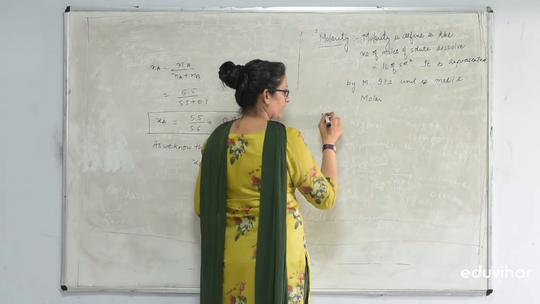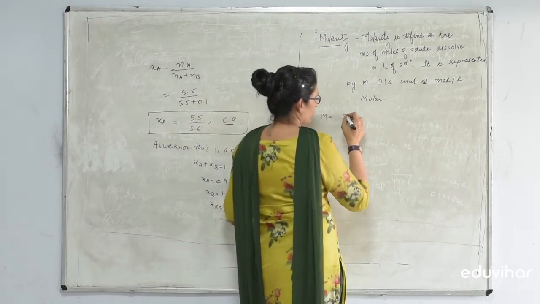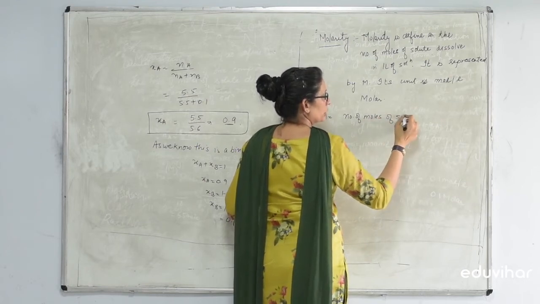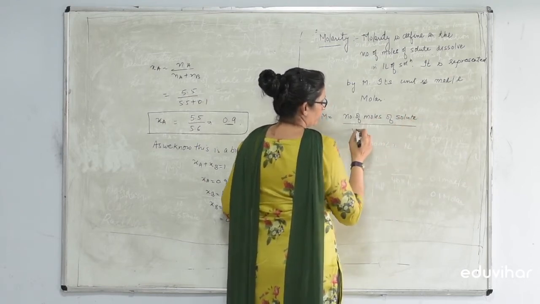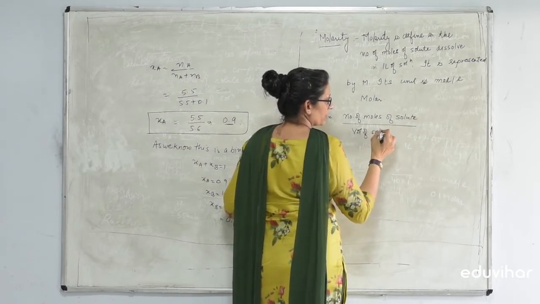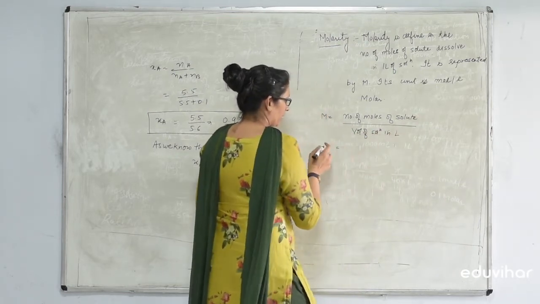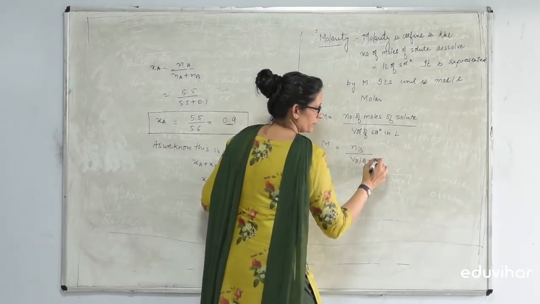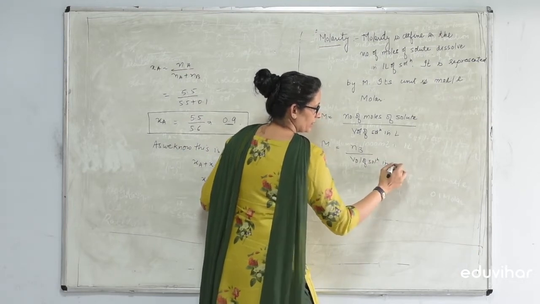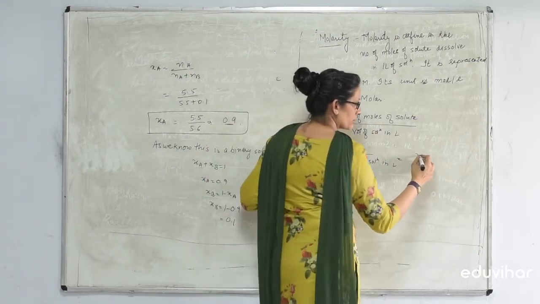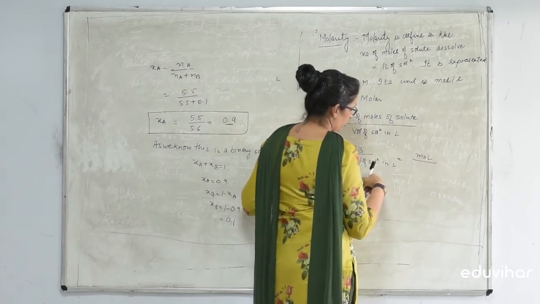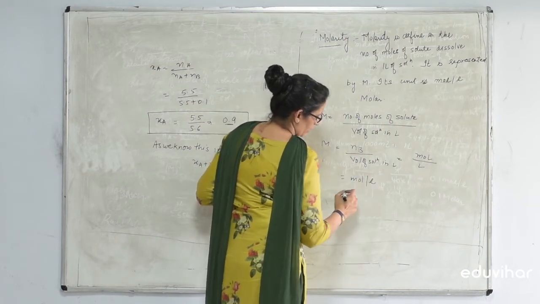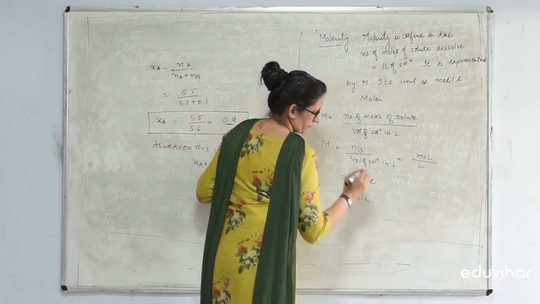So M is equal to number of moles of solute divided by volume of solution in liter. M can be written as NB divided by volume of solution in liter. The unit of number of moles is mole and the unit of volume is liter, so it becomes mole per liter, and it is also known as molar.